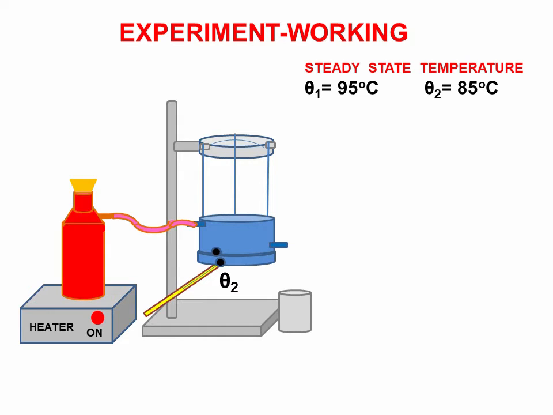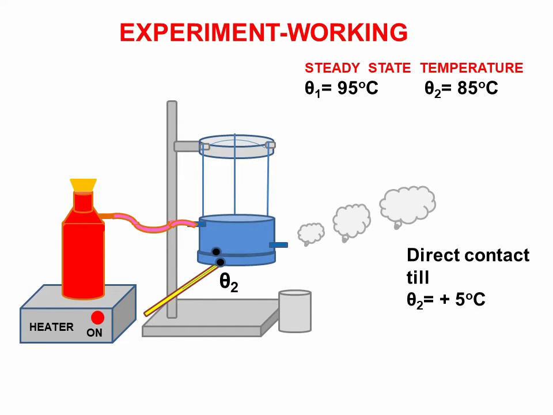So theta 2 is increasing now. We have to allow the heat energy till theta 2 is equal to theta 2 plus 5 degrees Celsius. That means, according to our example, theta 2 is 85 degrees Celsius, so 85 plus 5 is 90 degrees Celsius. When theta 2 attains 90 degrees Celsius, till then you have to allow the heat energy.